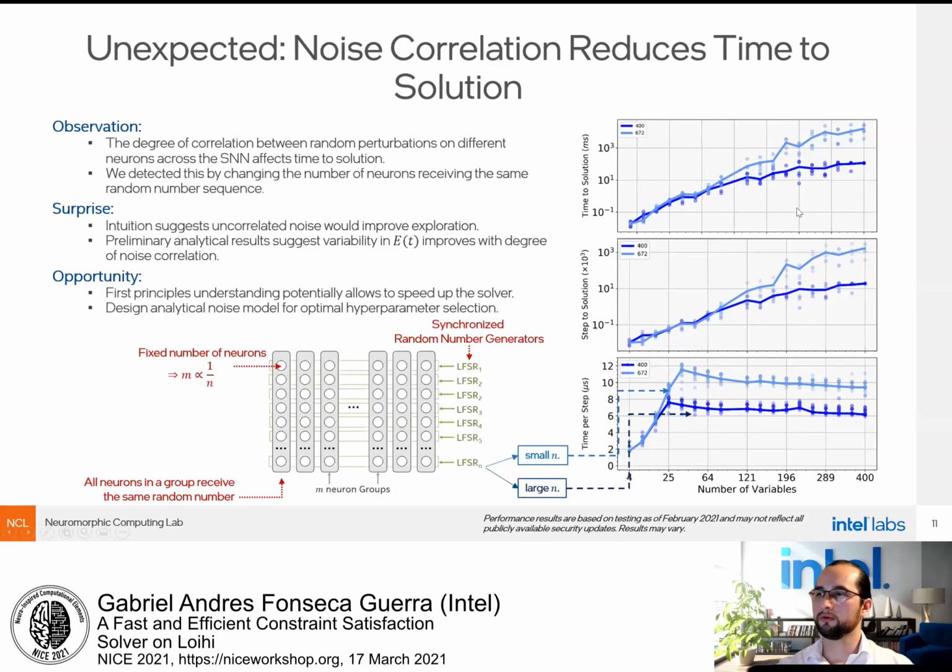So if you see, here are more or less the same plots as in the previous slide, but the light blue line has less correlation between the random numbers exciting each one of the neurons, and the dark line has more correlation, right? And then we see that the correlation of the random numbers in the network actually improves the time to solution by almost an order of magnitude.